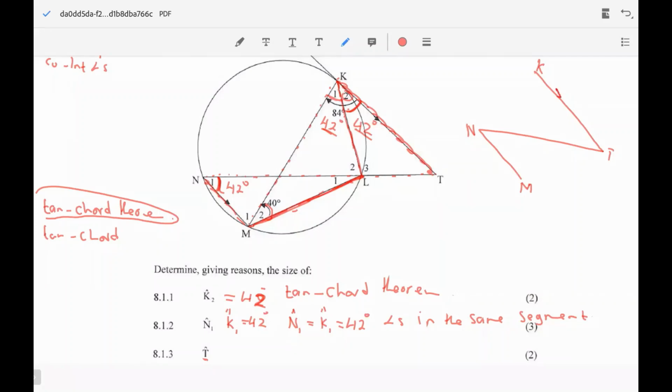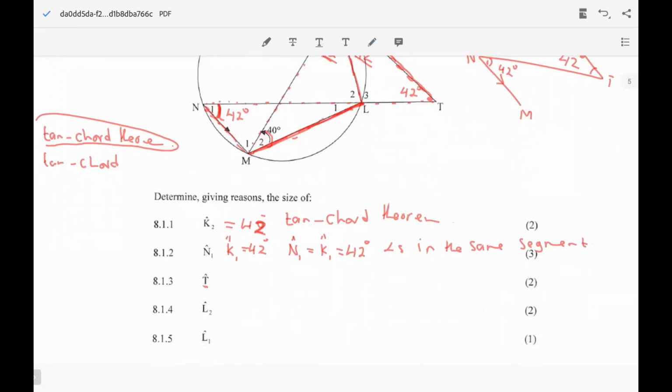We're given that these two are parallel, and when you follow TN, you're actually creating a Z within the parallel lines, and that is our N1, which is 42 degrees. So definitely you can see that now our angle T is also 42 degrees, alternate angles.